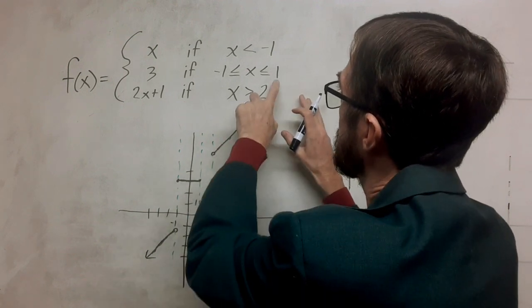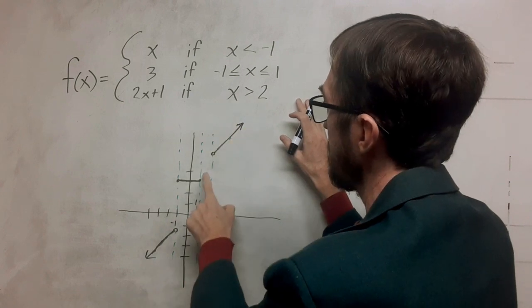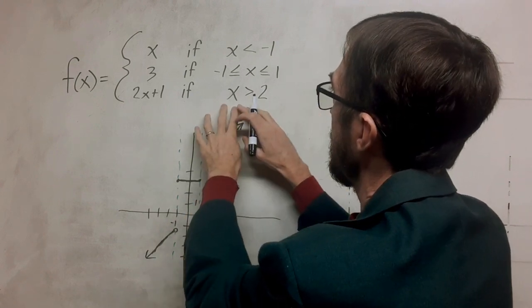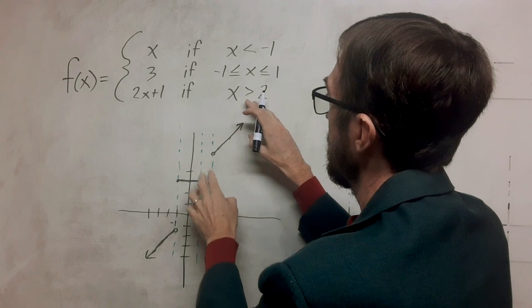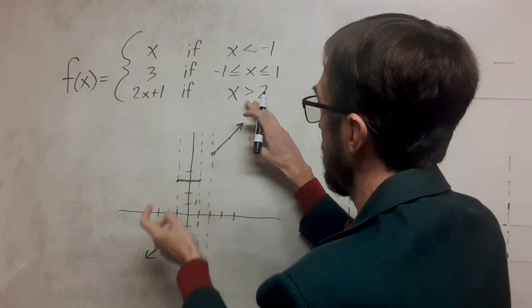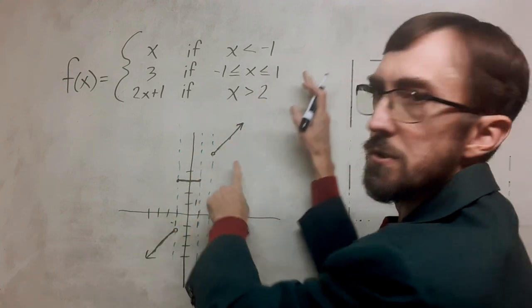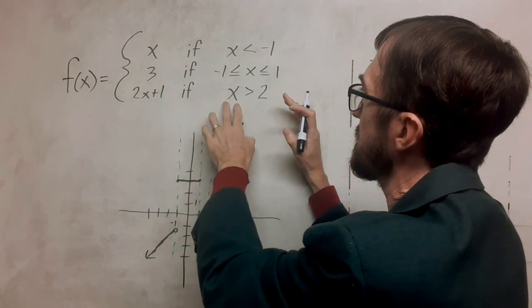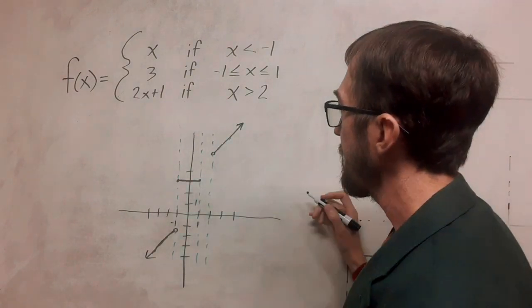But then I have this jump from 1 to 2, so that's not a part of my domain, and then I will have everything from 2 up to positive infinity because there's no upper bound here.